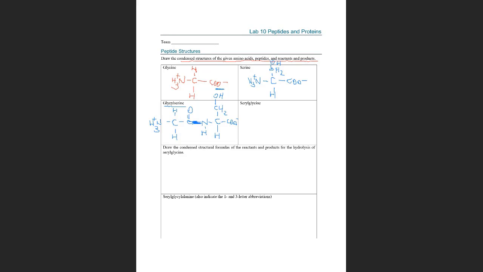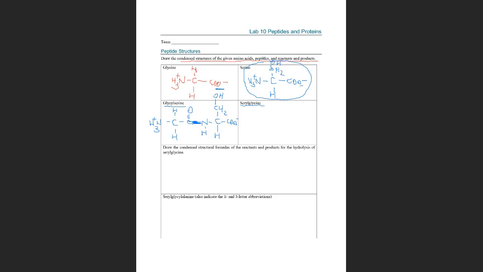And for the next one, serine-glycine, you do the same, but you start with serine first on the left. You remove the oxygen and you bond it to the glycine. Very good.